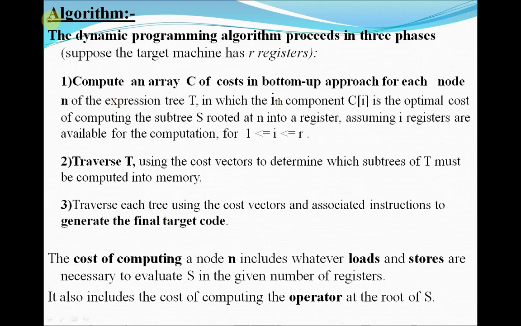The algorithm for generating target code is shown below. The dynamic programming algorithm proceeds in 3 phases. We are assuming that we have R number of registers in this machine, and we are going to analyze this method, dynamic programming based target code generation, with a machine having R registers.